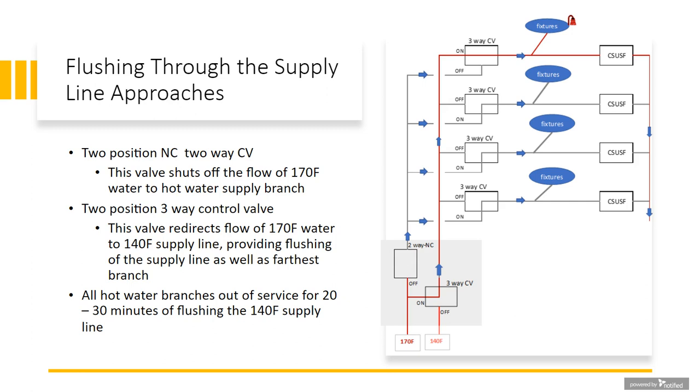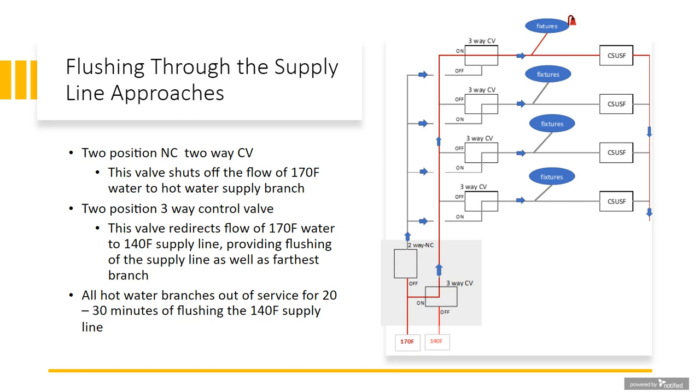So if the determination is made, and I can't see why not, other than the additional cost, that you also want to flush the primary hot water supply line, what I showed here in the gray is 2 additional valves being introduced. A two-way normally closed valve. Normally closed meaning when there is no power to that valve, there is no flow.